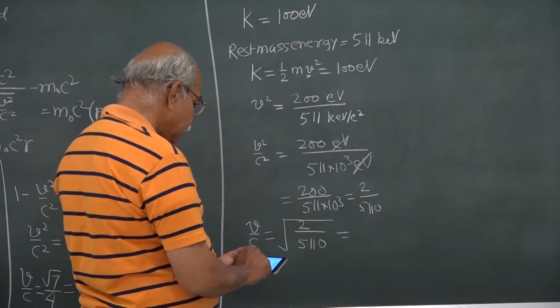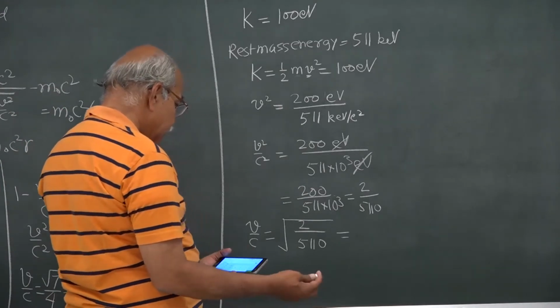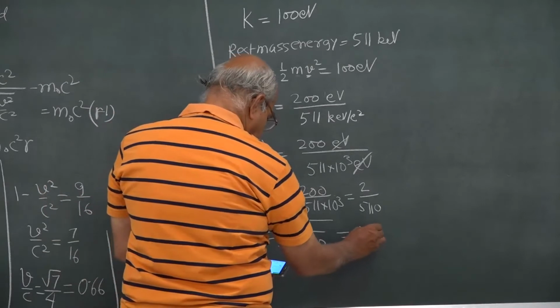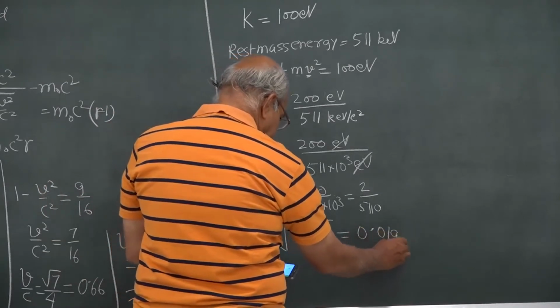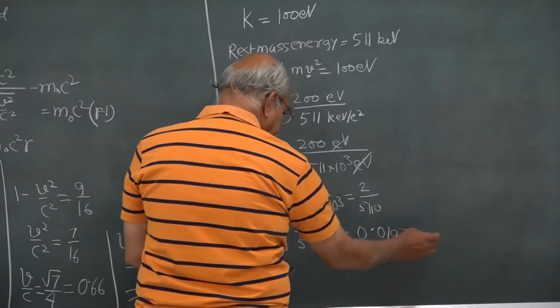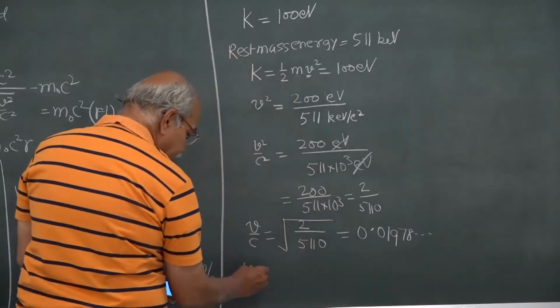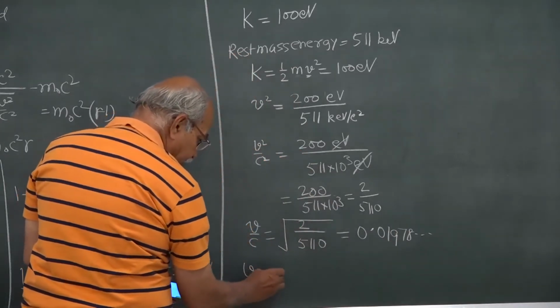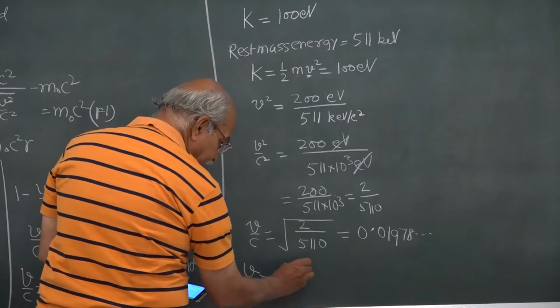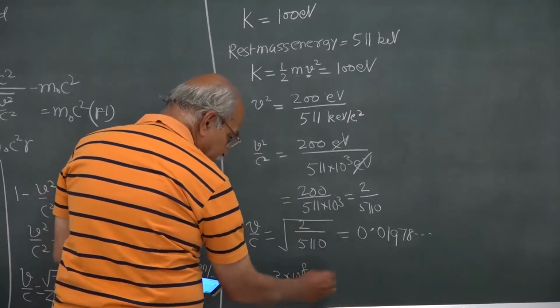That is 0.01978 etc. All right. So, v is 3 into 10 power 8 multiplied by this quantity 0.01978.